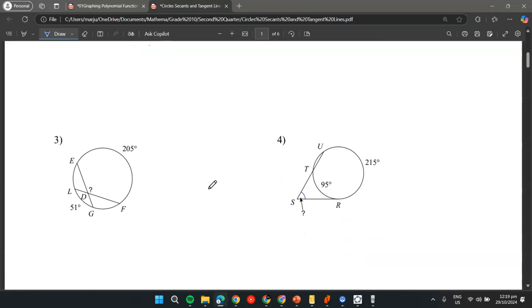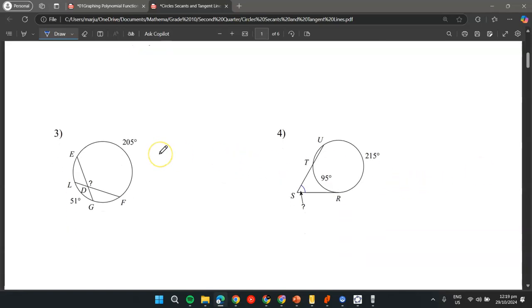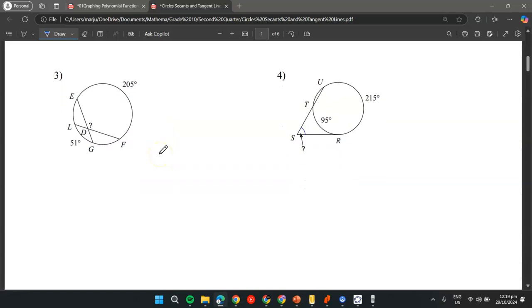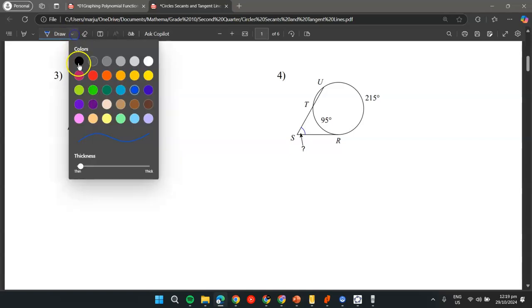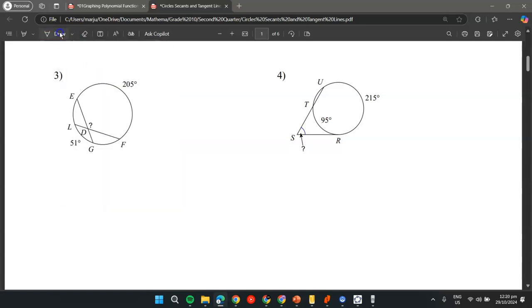Let's do number 3. Here we have intersecting chords within the circle. Chord EG and chord LF are intersecting chords, and we are asked to find the measurement of angle D. How do we find it?